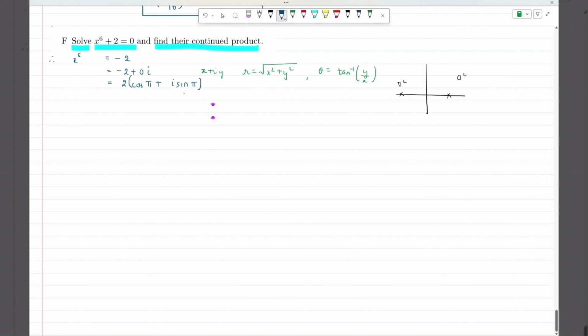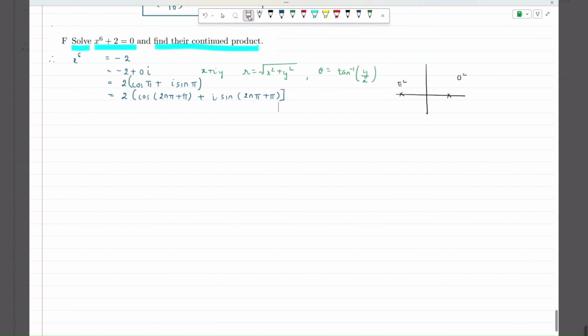Now, since we know that cos and sine are periodic functions with period 2 pi, we can rewrite this equation as cos of (2n pi plus pi) plus i times sine of (2n pi plus pi), and let us close the bracket.